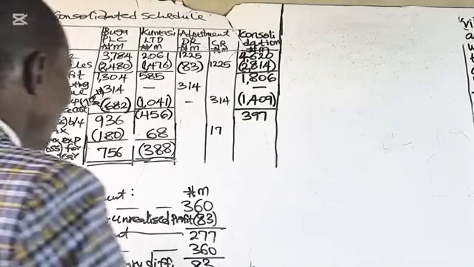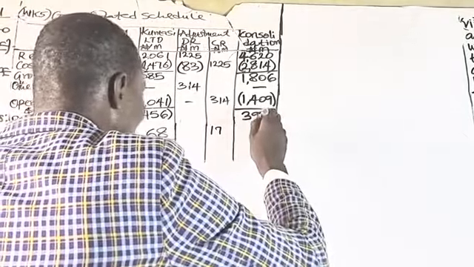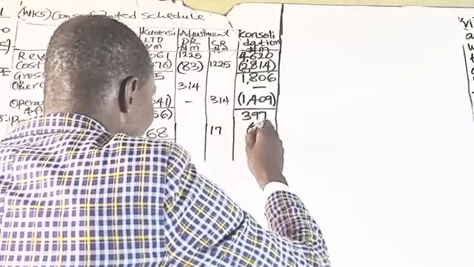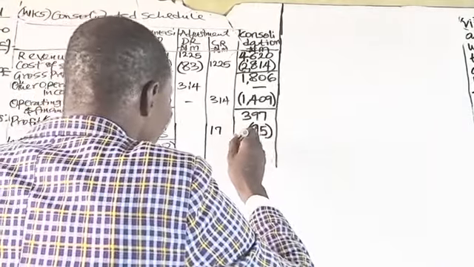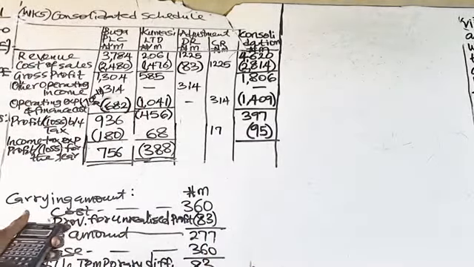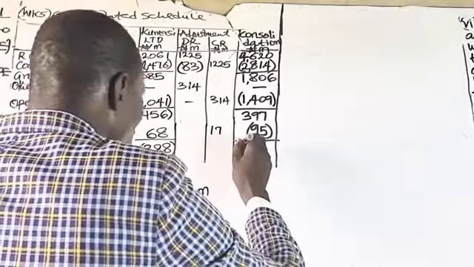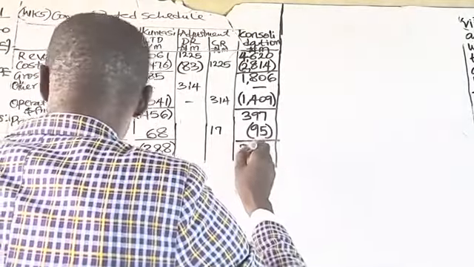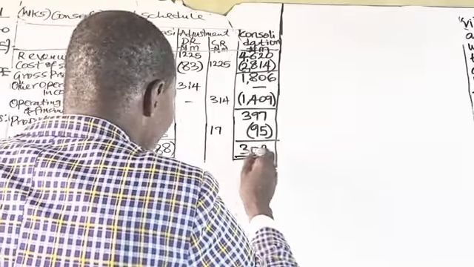Then you have 95 as the amount of tax that will be expensed in the period. If you subtract 97 from 397, then you have 302 as the profit for the year.